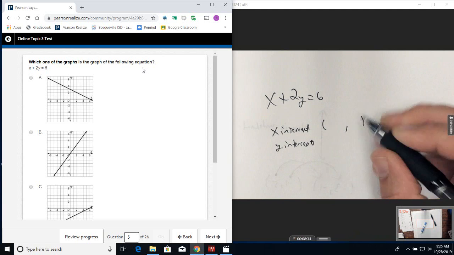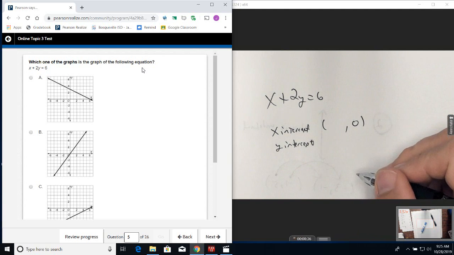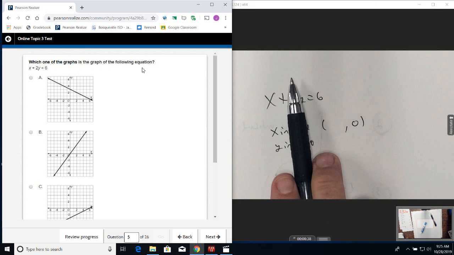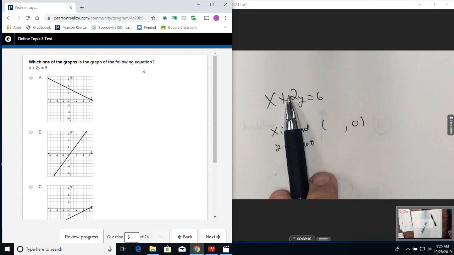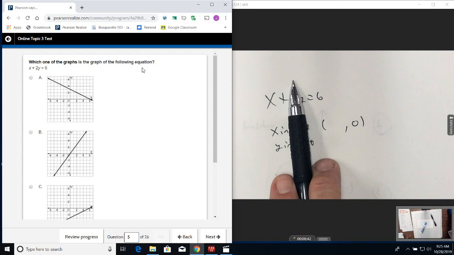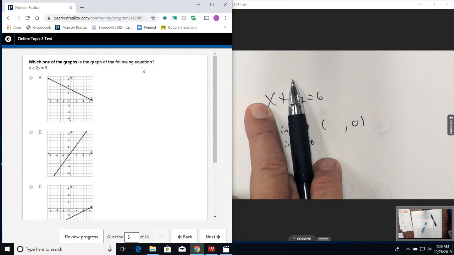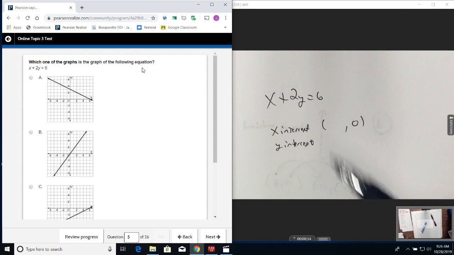What is the x-intercept? Well, that's where y is 0. If I set y equal to 0, I cover that up because 2 times 0 is 0, and x plus 0 is just x. So x plus 0 is equal to 6, so what would x be? Isn't it 6? 6 plus 0 is 6, so the x-intercept is 6.